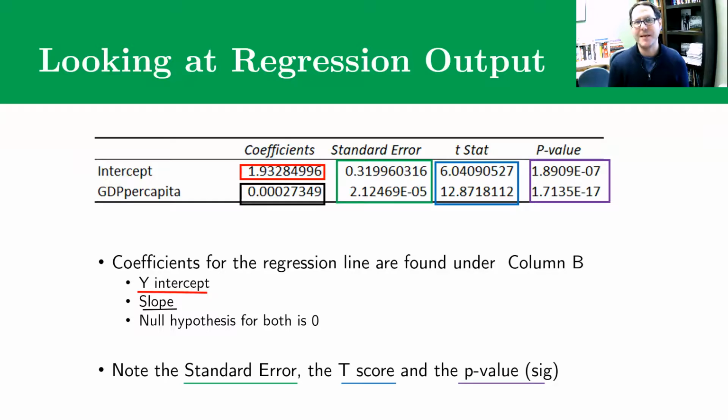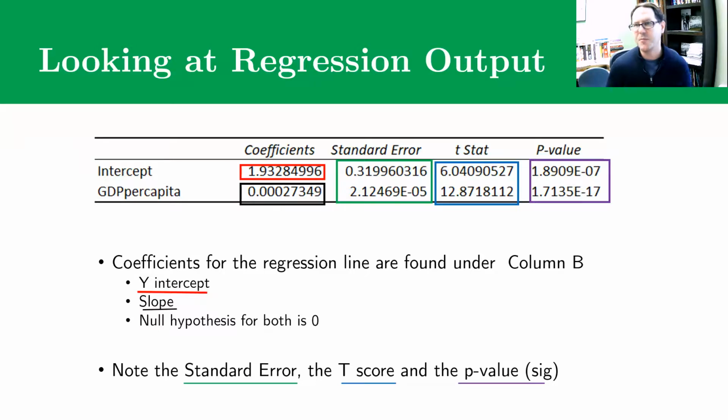The probability of getting a slope, a coefficient for the GDP per capita line, by just random chance, if there's no relationship out there in the world, is infinitesimally small, like 1 in a trillion, or maybe even smaller than that. So I can reasonably say this isn't just random variation. There's probably something there. When we're looking at those regression results, those are probably the two places we look.